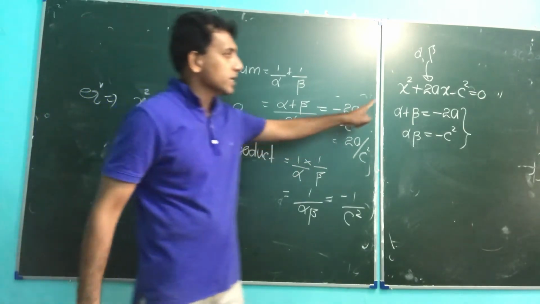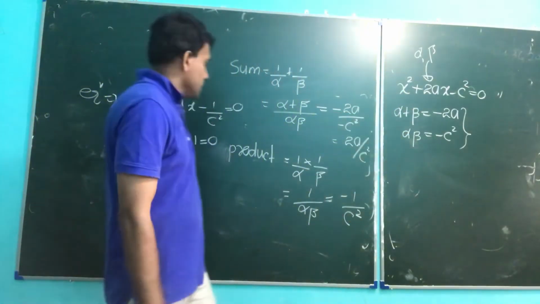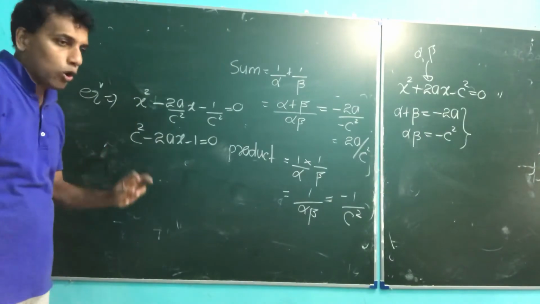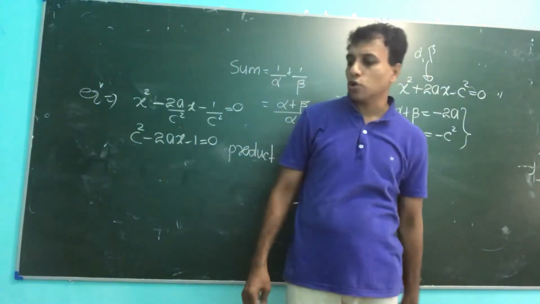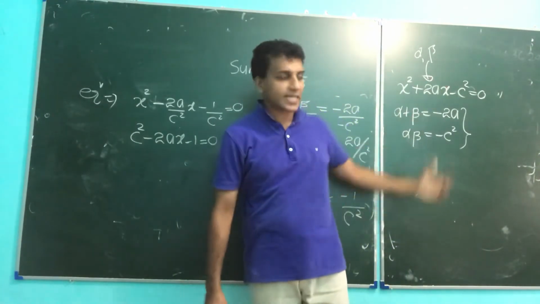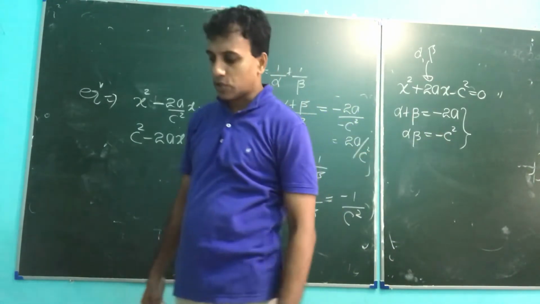So the earlier roots are alpha and beta, and these are 1 over alpha and 1 over beta. You can use the transformation also, but here the problem says hence, using this answer. That's why I followed that.